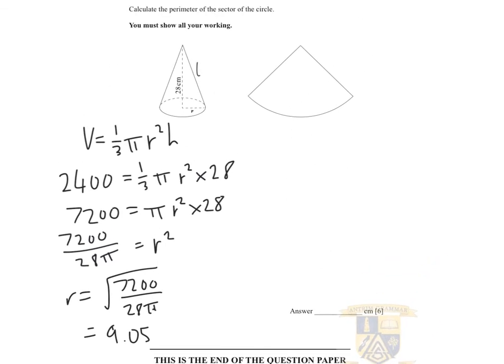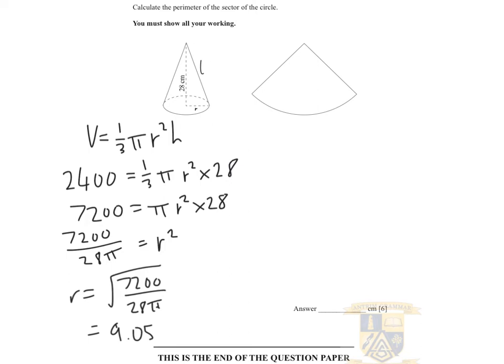Okay, so that R is not anything to do with this here. This is a different radius. The R is going to help us work out the circumference. Circumference of that circle, C equals pi d. So that's pi multiplied by 2 times the radius, which was that awkward number.